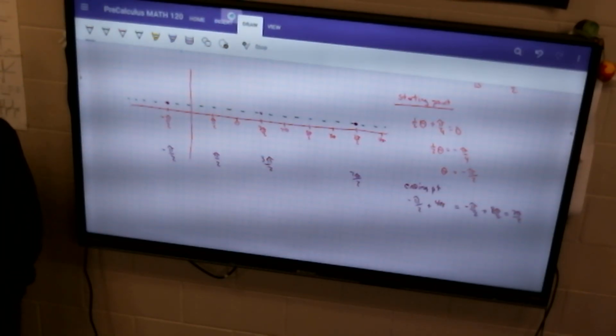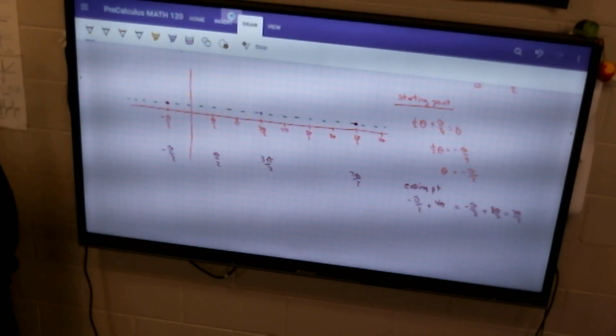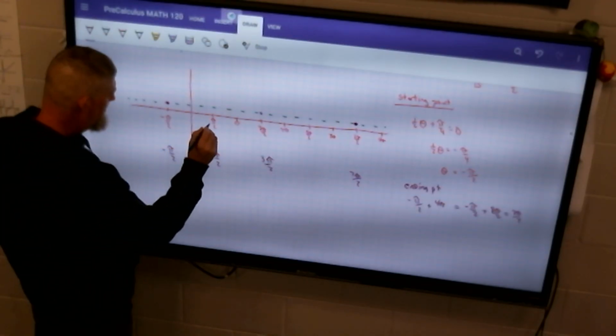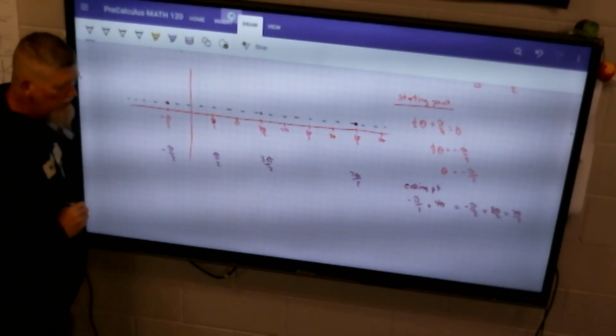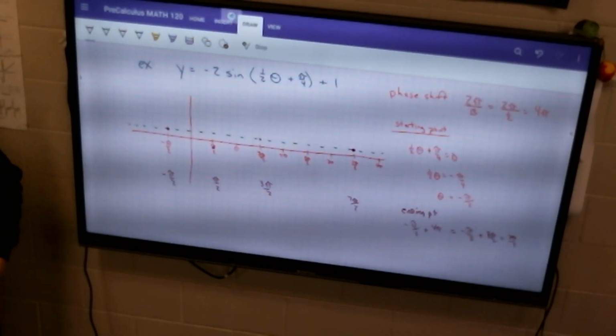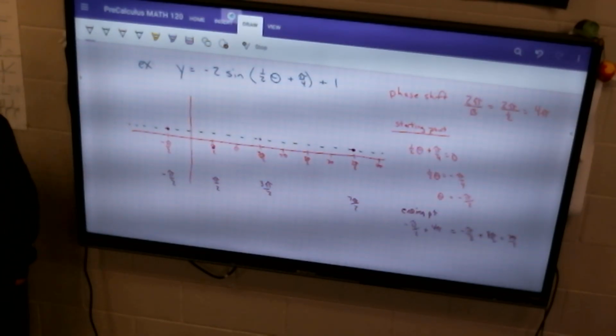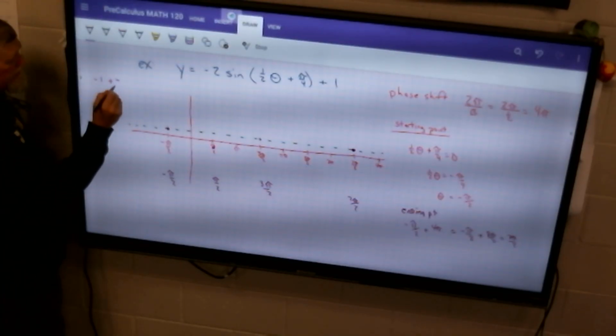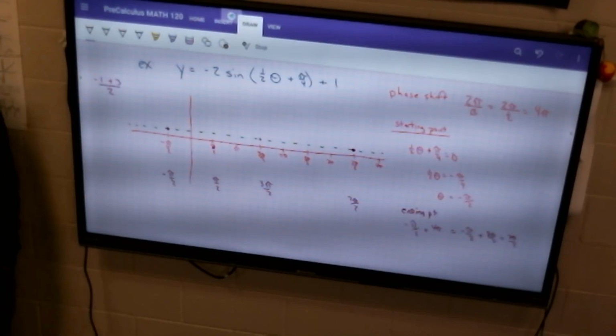It should be -2. Down 2, so it should be where? No. -1. It's going to be right there. Because remember, it's reflected, right? So I got to go to the minimum first. Yeah. So he got pi over 2 because he did the same thing with the other point he got. Correct.